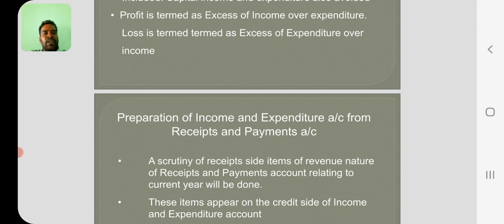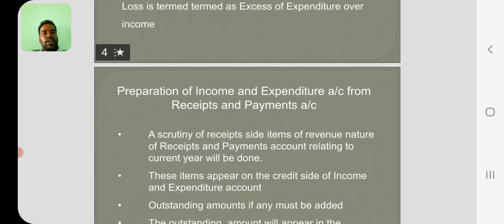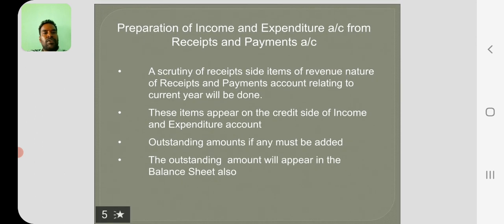Excess of income over expenditure is used in income and expenditure account. Whereas loss is used in profit and loss account, and excess of expenditure over income is used in income and expenditure account.